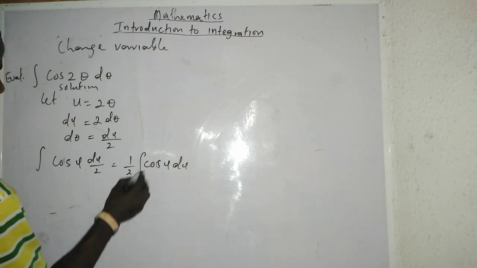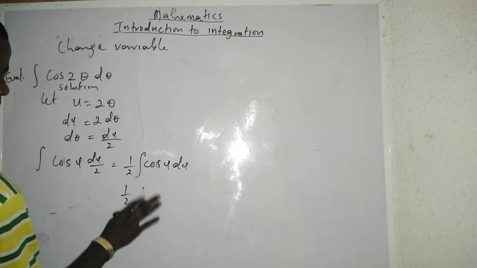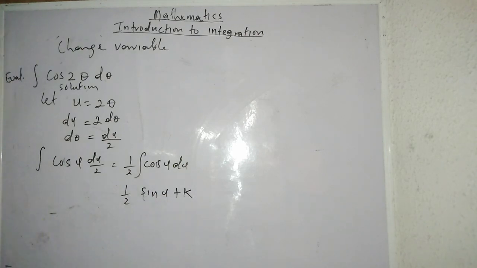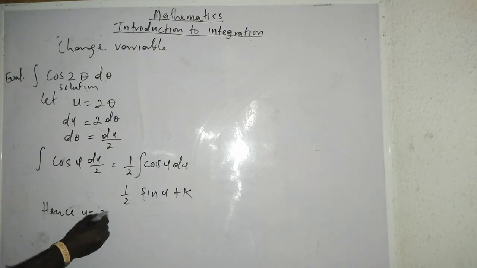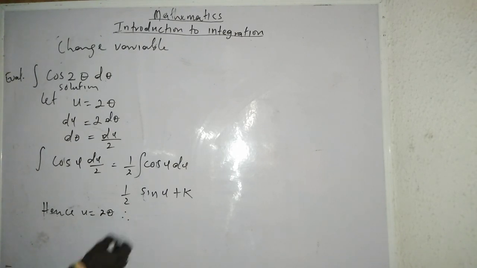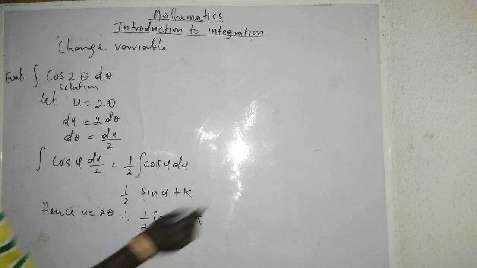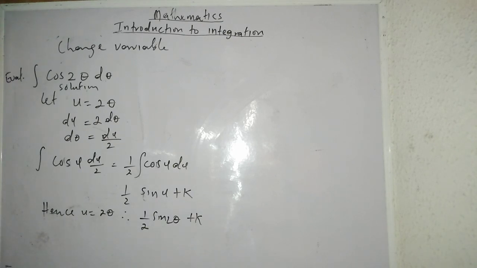The answer is sine u plus k. Now, what is my u? Hence, my u is equal to 2 theta. Therefore, 1 over 2 sine 2 theta plus k. That's my final answer. That is how I'm changing the variable.